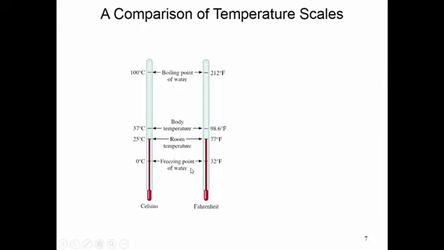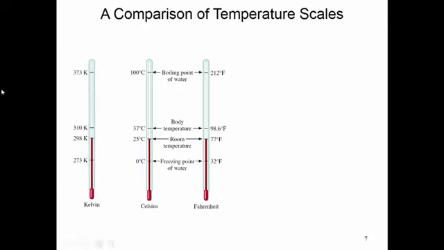So the freezing point of water is 0 in Celsius and 32 in Fahrenheit, so they start out in different places. And then if you add 100 to this, you get to the boiling point for Celsius, whereas for Fahrenheit you have to add quite a bit more than that to get to its boiling point. So they start in different places and change at different rates. So that's going to make the conversion between them a little bit more challenging.